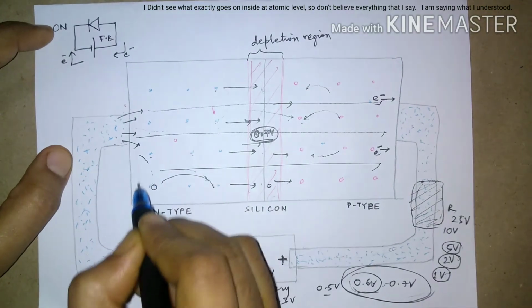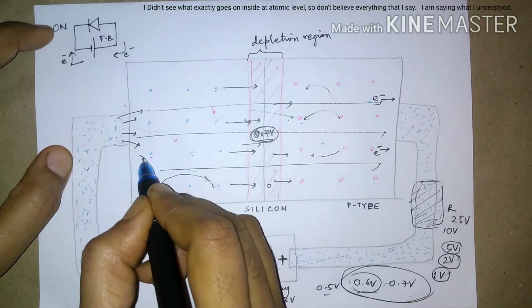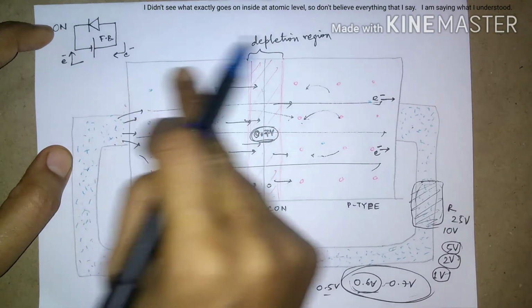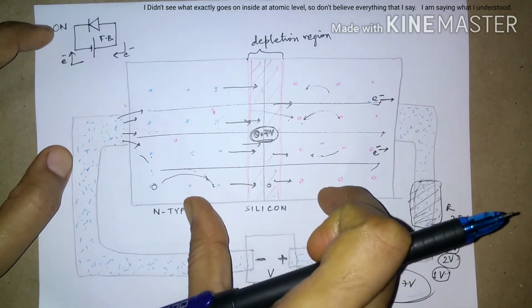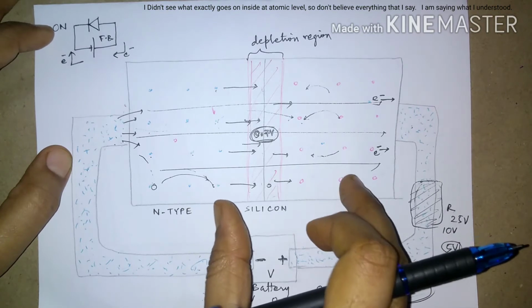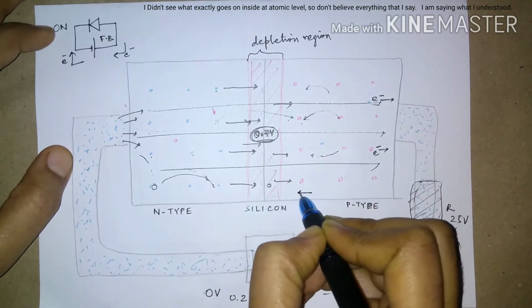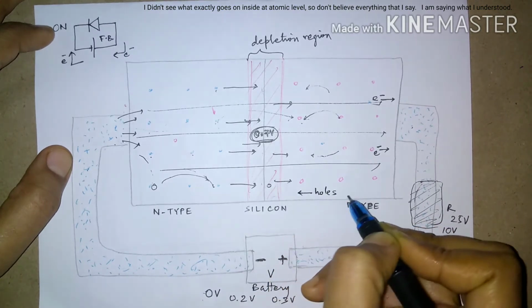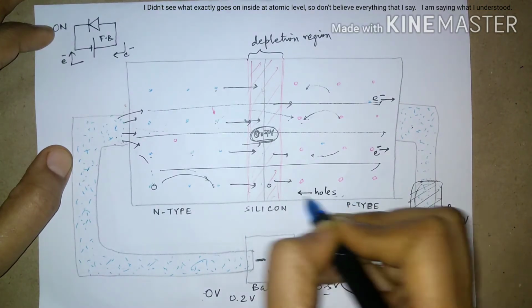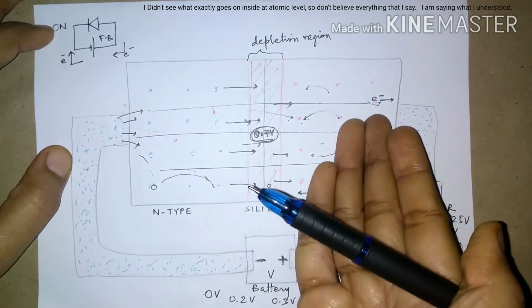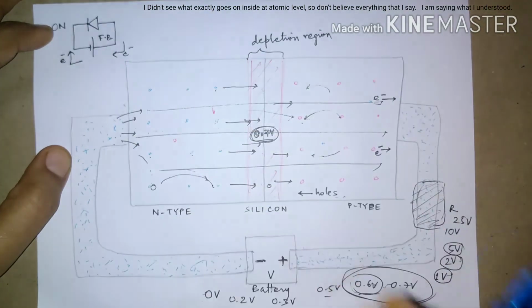Again one more electron will come and enter into this, and a hole will be getting created here. So inside the semiconductor, holes are also playing a role, but the thing that you have to remember is holes are moving in this direction from p type to n type. Electrons are moving from n type to p type. That is what you have to focus on.